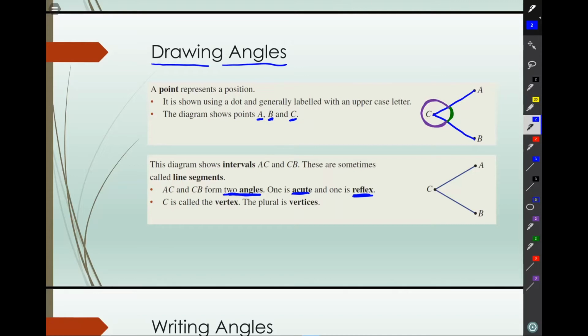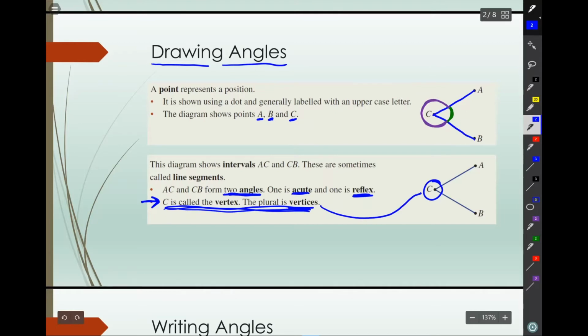The other thing you need to include in your notes is this. We sometimes call this point, the pointy part of the angle, the vertex. And the plural is vertices. I want you to have this line written down somewhere in your book and some way to remind yourself that this is what the vertex is.